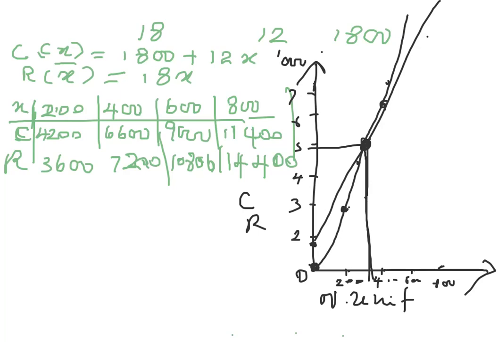And from the same intersection point, when we draw a horizontal line to the y-axis, the point where that line touches the y-axis is the cost and also the revenue at the break-even point. Here I want to explain how we can find this break-even point through this graph.